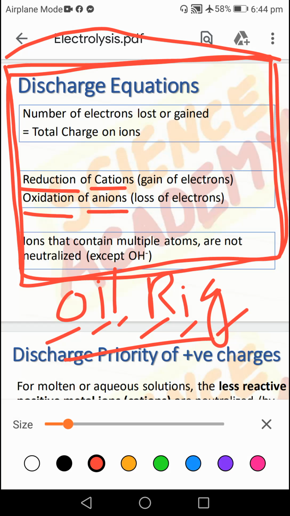When you are writing electrolysis equations, as a beginner I would prefer you to remember the mnemonics by writing them on one side of a paper and then carrying out the discharge equations.